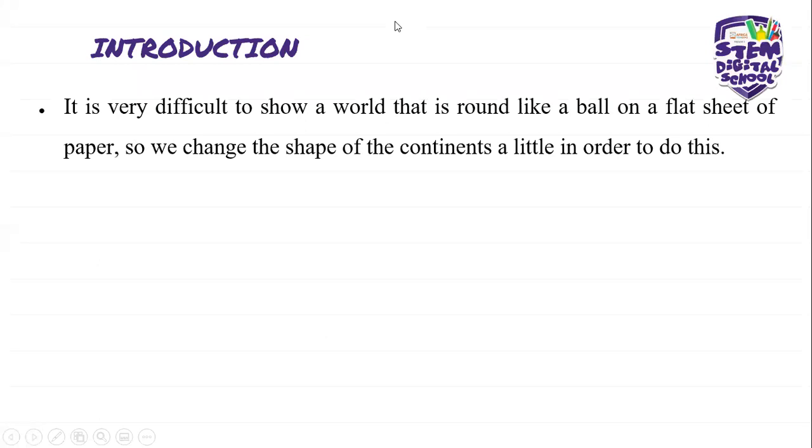In my introduction, it is very difficult to show a world that is round like a ball on a flat sheet of paper.